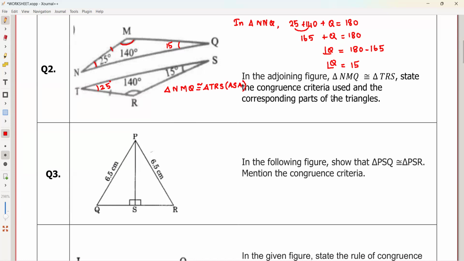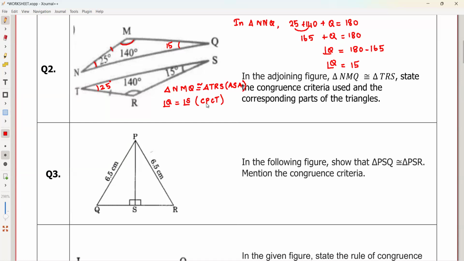Now we have to identify the corresponding parts. Sir, angle Q is corresponding to what? Angle S. Angle Q, 15 degrees, is corresponding to angle S, 15 degrees. That is based on CPCT.